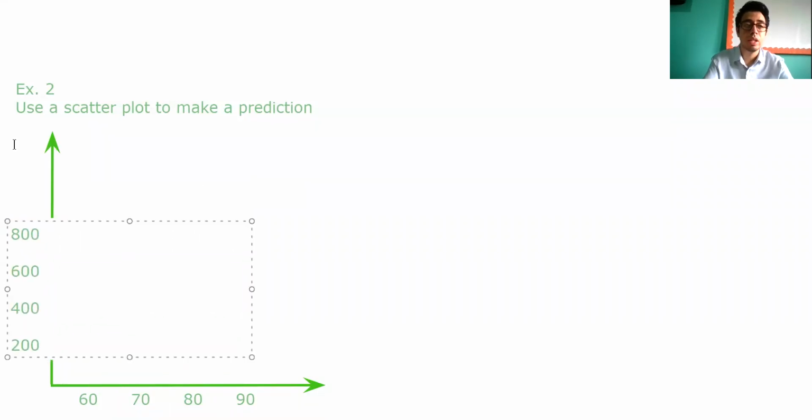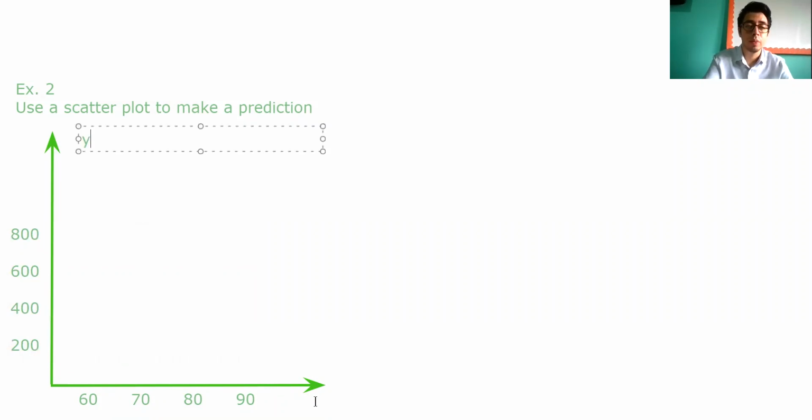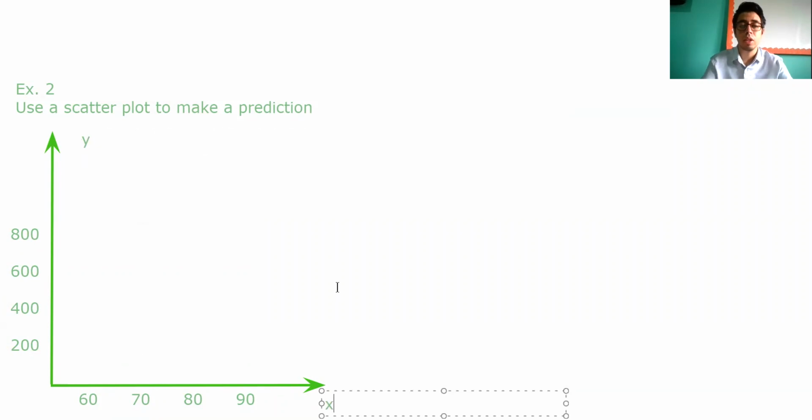Remember, this is the variable Y, and the other one is for X. Then what can we do in this? We have the graph. I'm going to make a line. What we have is something like this.